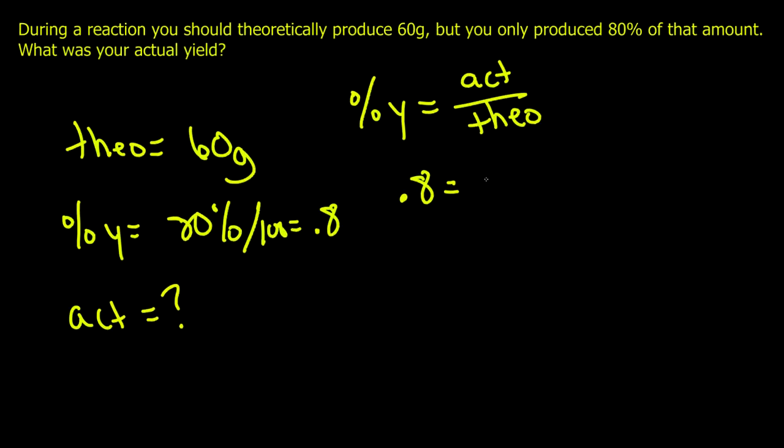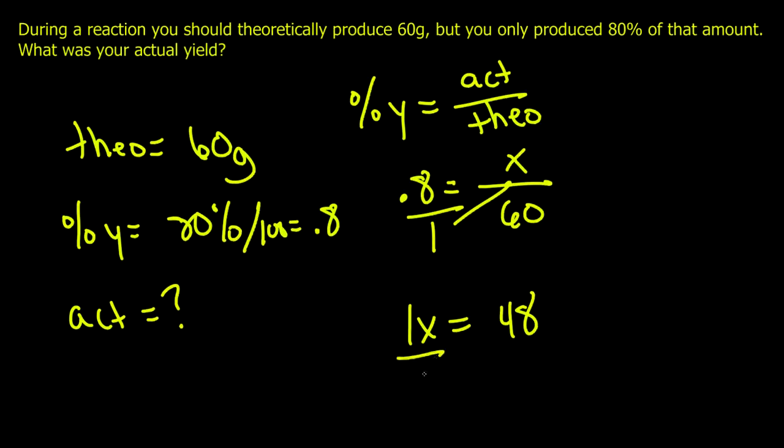The actual is what I'm looking for, so that's going to be X. Theoretical is 60 grams, so I'm going to put that for theoretical. Now we just do a little bit of algebra. The way I'm going to do that, I'm going to stick 0.8 over 1 and cross multiply. So 1 times x is 1x. 0.8 times 60 is 48.